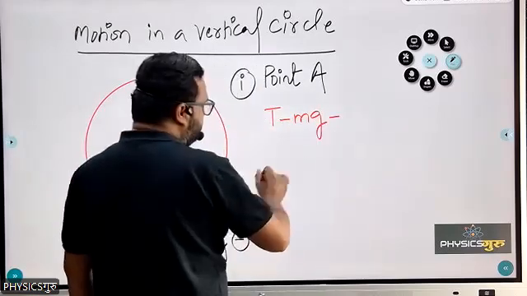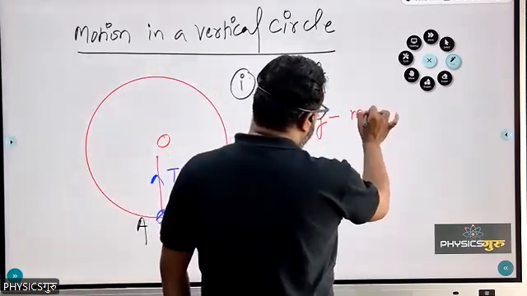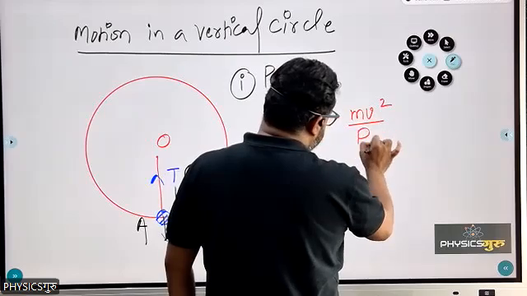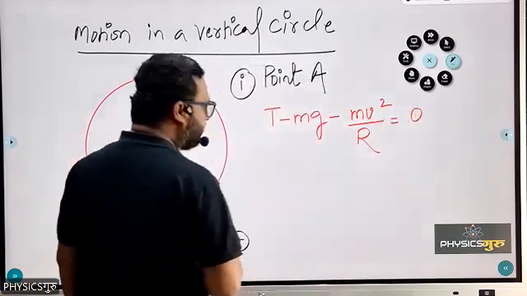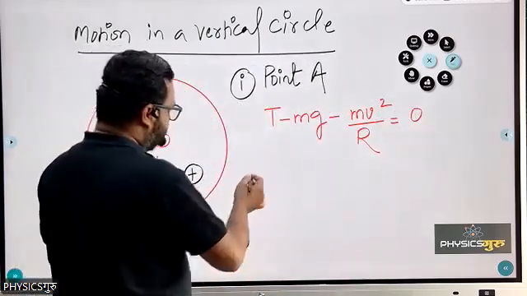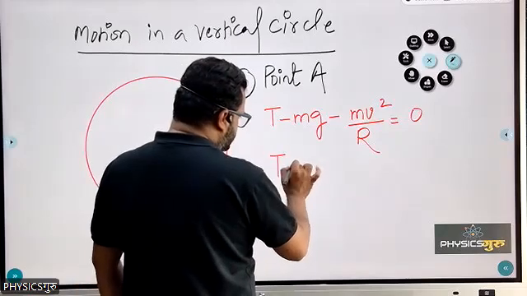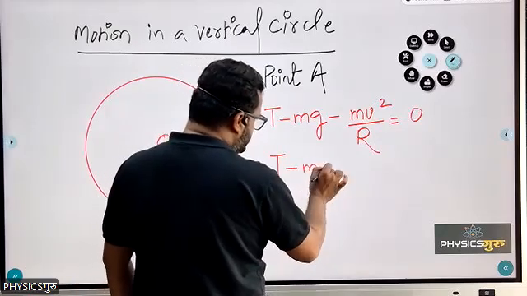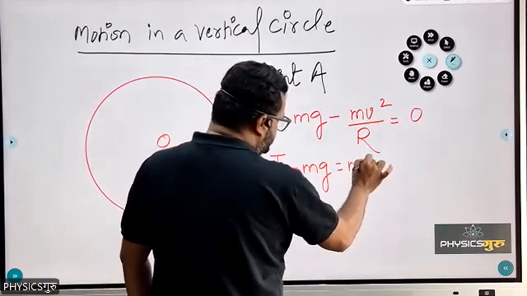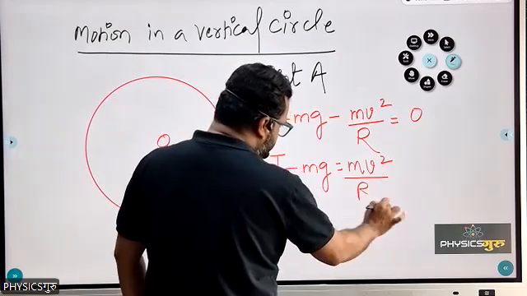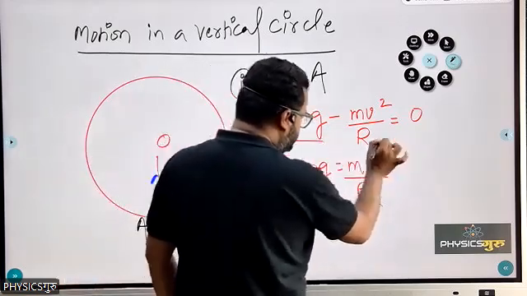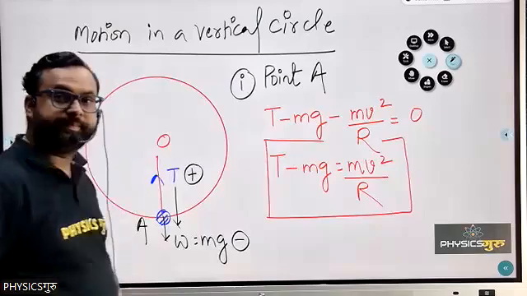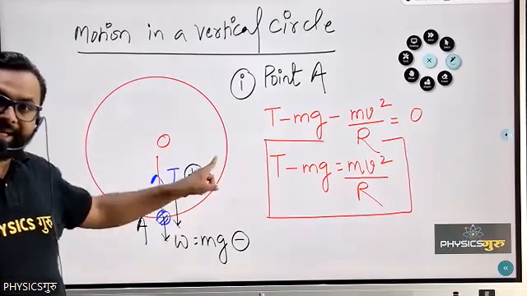Minus centrifugal force, mv squared over r, equals 0. We can also write this equation as T minus mg equals mv squared over r. This is for point A.